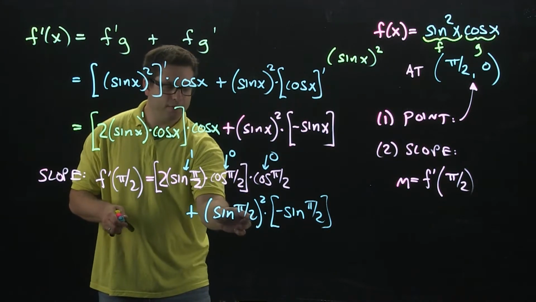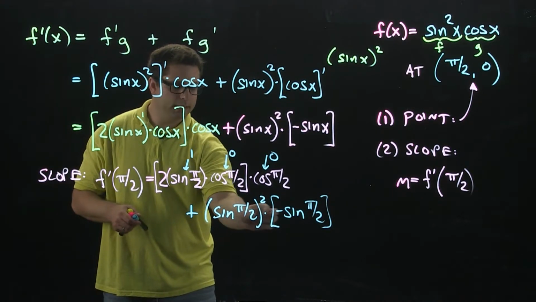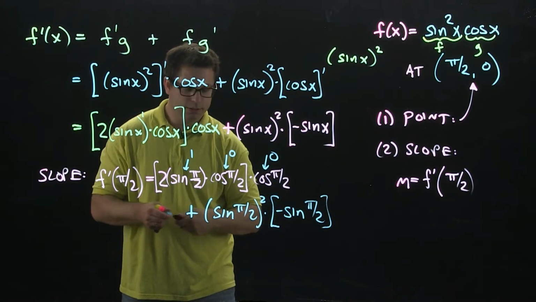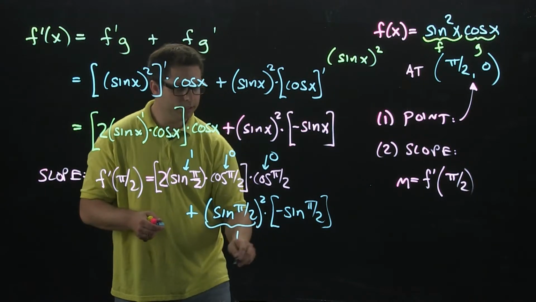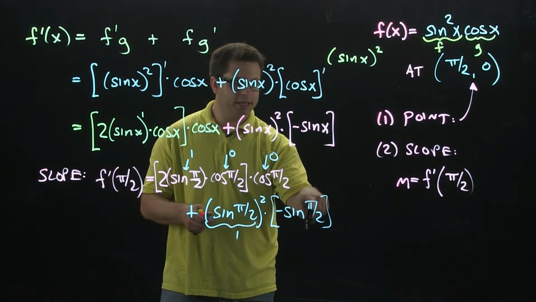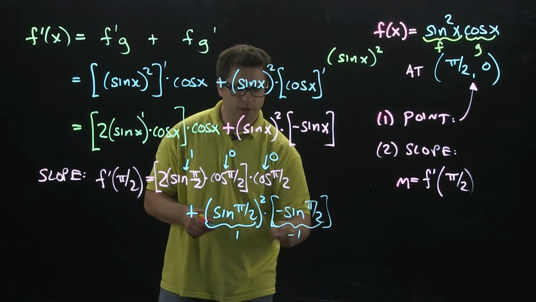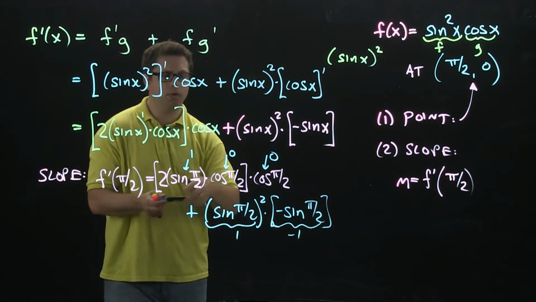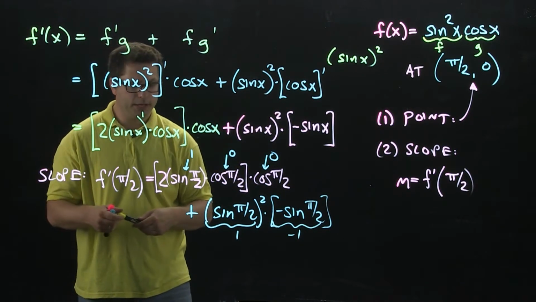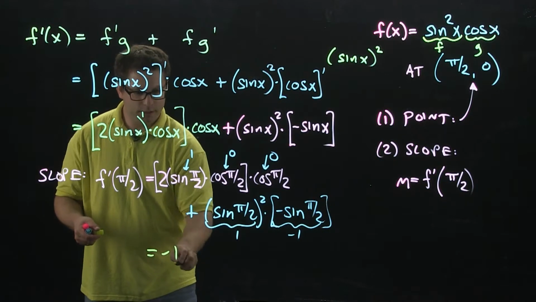Down here, we have sine of pi over 2 is 1, squared is 1, so all of this is 1, and then negative sine of pi over 2 is negative 1. So this whole thing evaluates to negative 1.